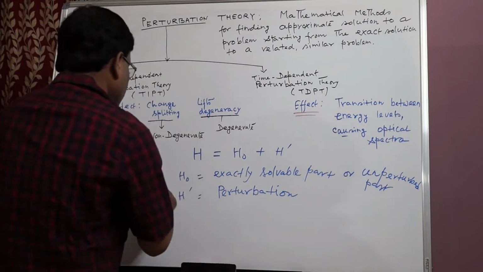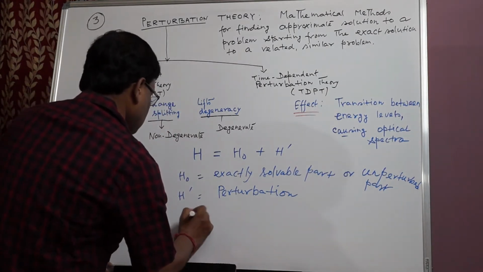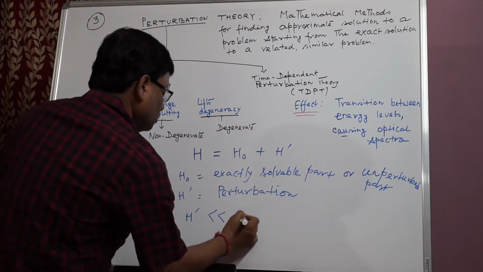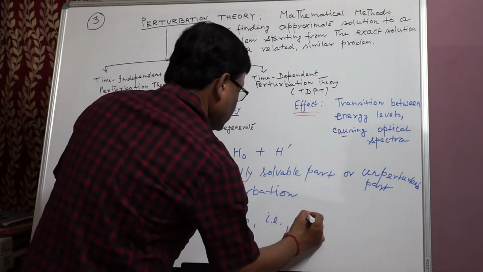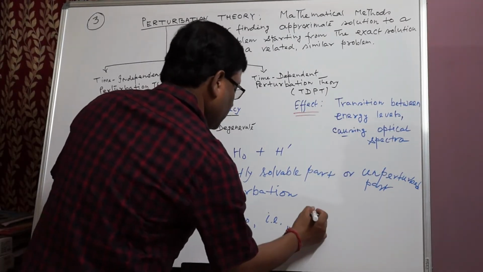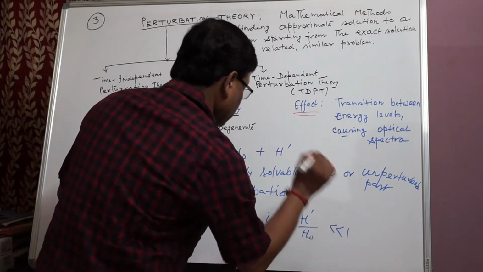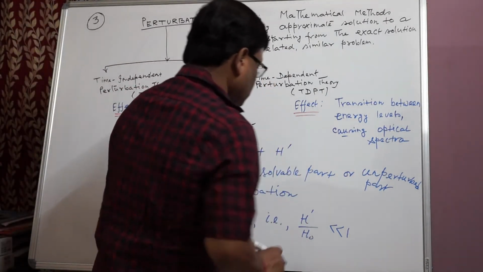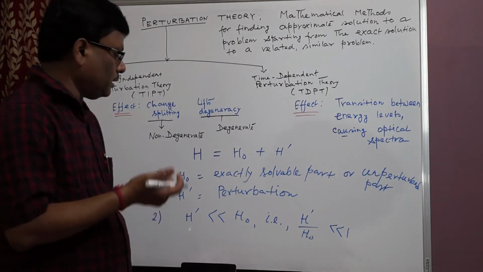And the second assumption is that this perturbation is much smaller than H0, that is, H prime by H0 is very much less than 1. So H prime is the perturbation which quantifies the deviation from the exactly solvable part.